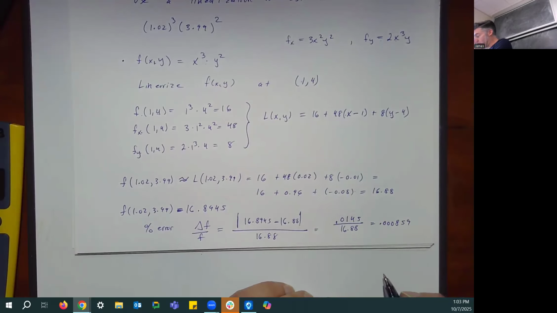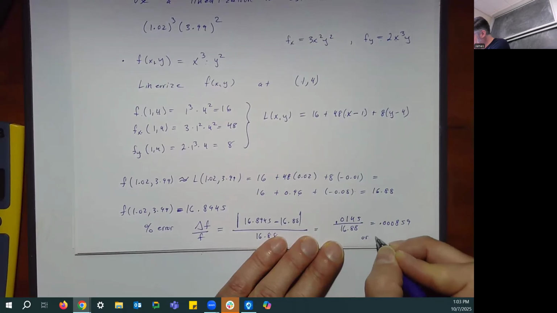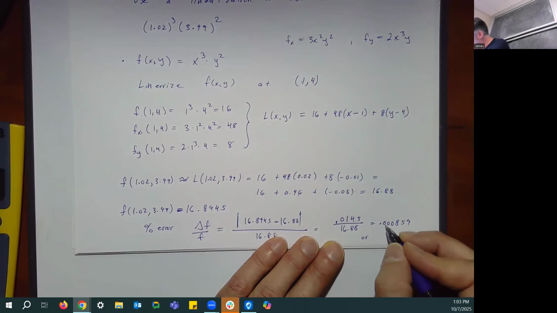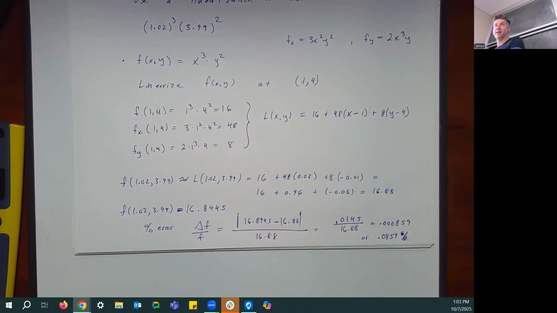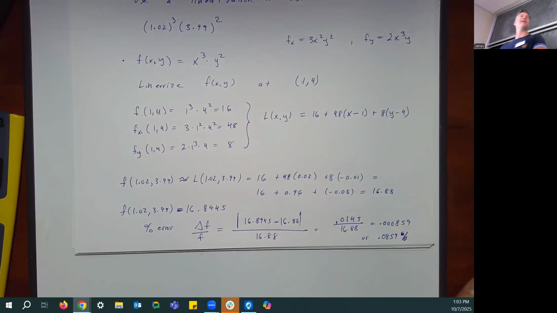Or as a percentage, move that decimal over 2 places, 0.0859%. So I want to be super clear here, not 8%, 0.08%. So a very good estimate. Our percentage error is very, very small.